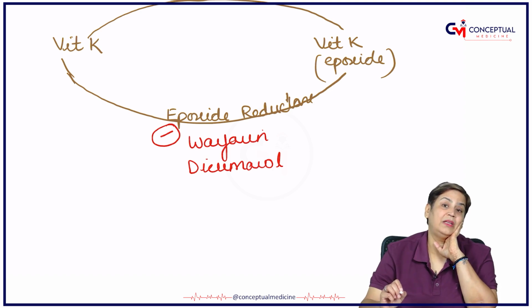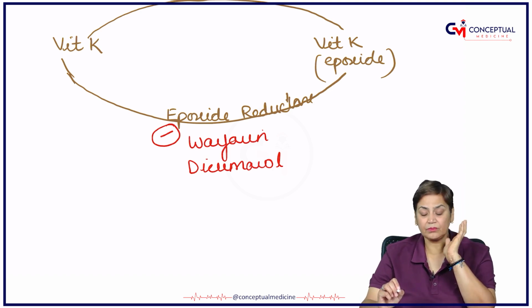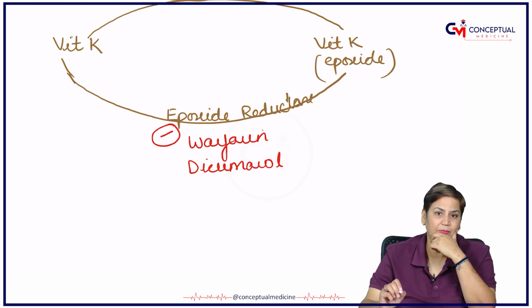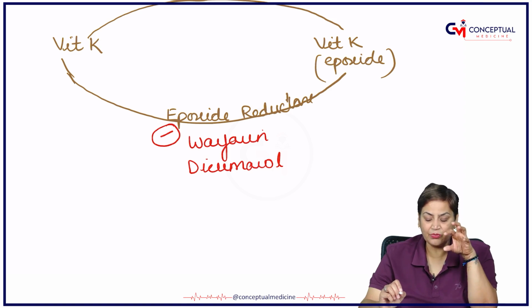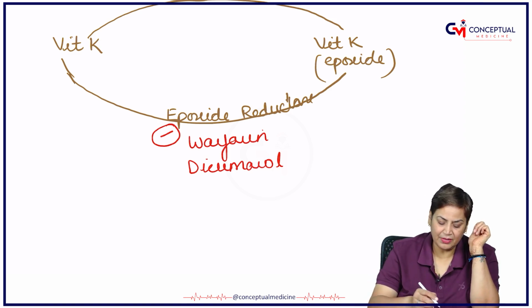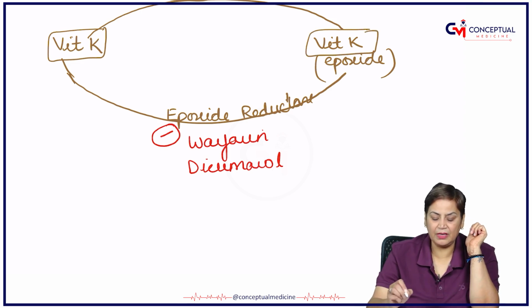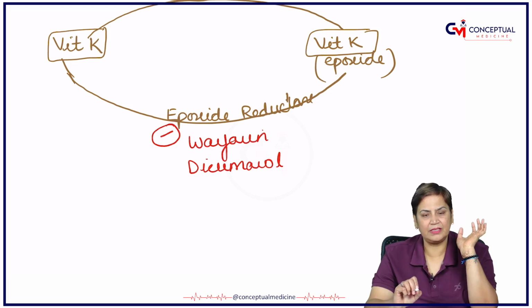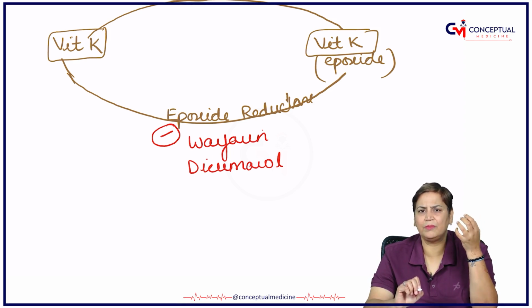Warfarin, which is the common rat poison, inhibits it, so the bleeding will never stop and it will lead to bleeding manifestations. So this is the vitamin K cycle: when vitamin K is carboxylating, it is converted into vitamin K epoxide, which is converted back to its original form by epoxide reductase. These are the very important functions of vitamin K.